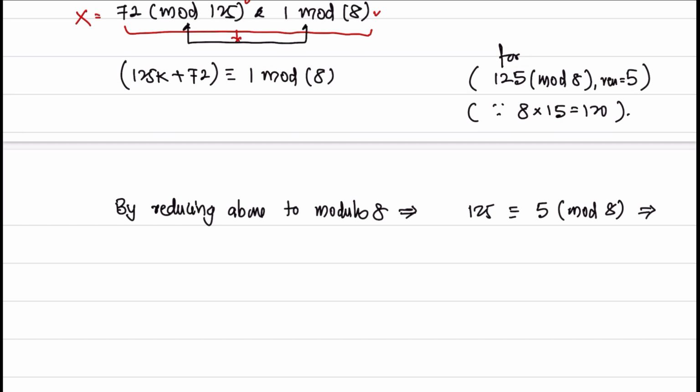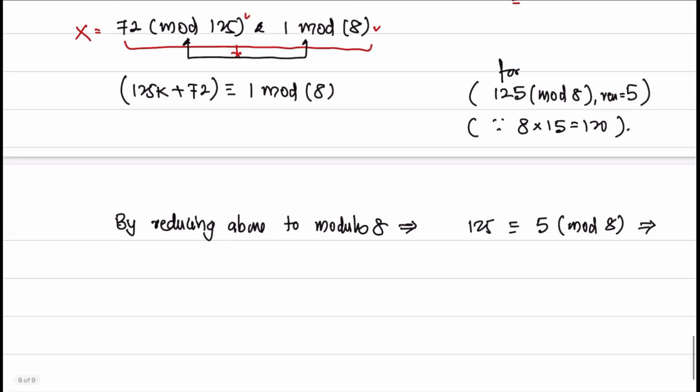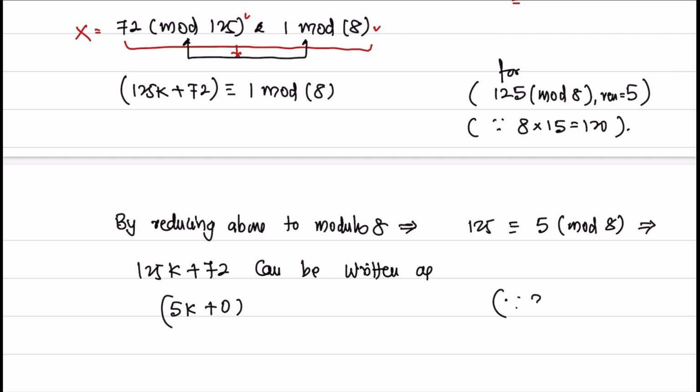And another equation is 125k plus 72, which can be written, from the above, as 5k plus 0, because 8 into 9 is equal to 72, and the remainder is equal to 0.